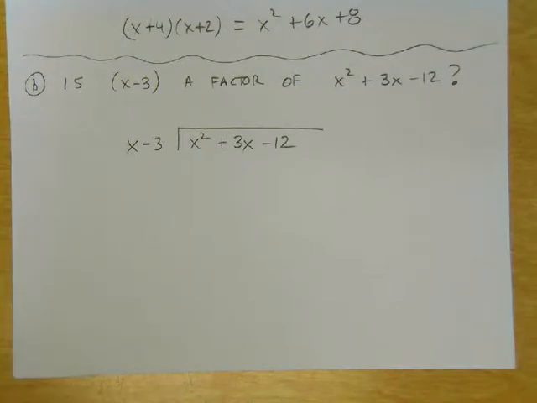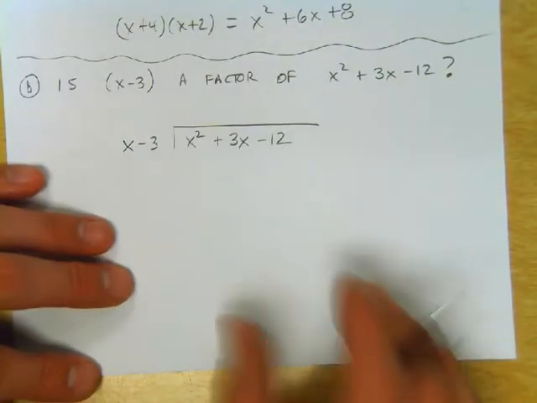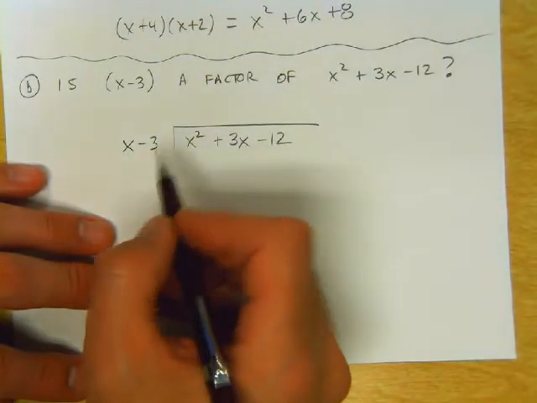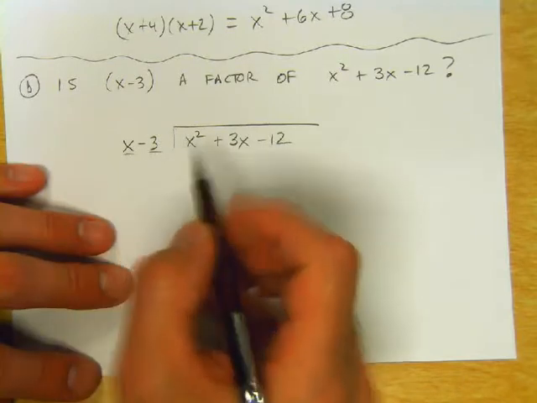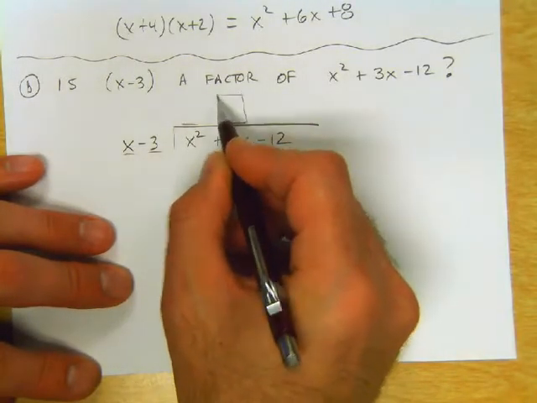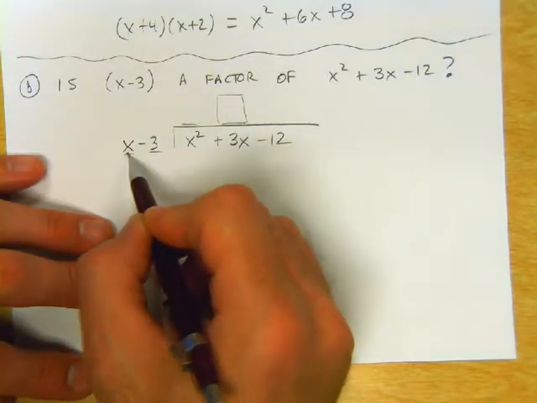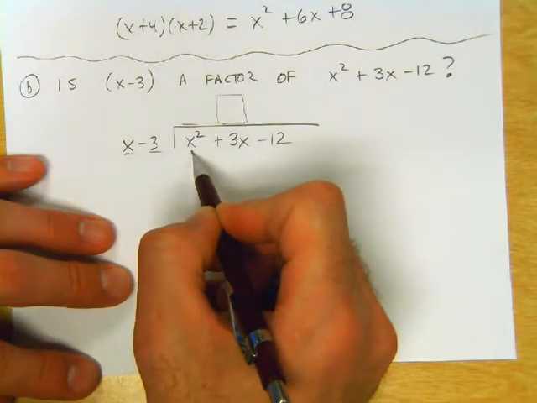So x minus 3 has two terms, so we go over two terms. And we ask ourselves, what times x equals x squared? X. And now we multiply. X times x is x squared.